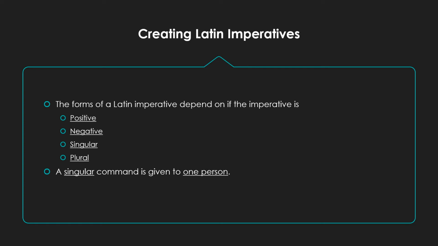A singular imperative is a command that is given to one person. A plural command is a command that is given to more than one person. This is something we don't take into account in English. Whether we're talking to one person or multiple people, we simply do the exact same thing. In Latin, this will change.